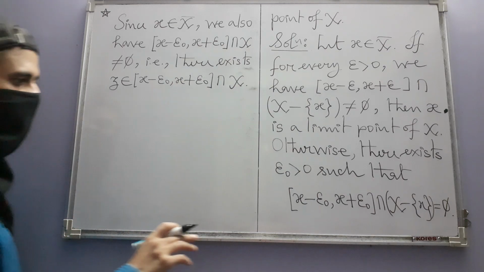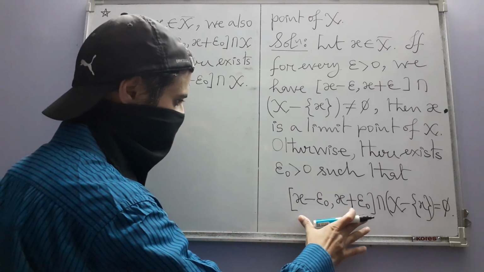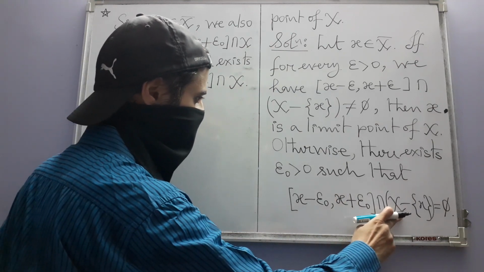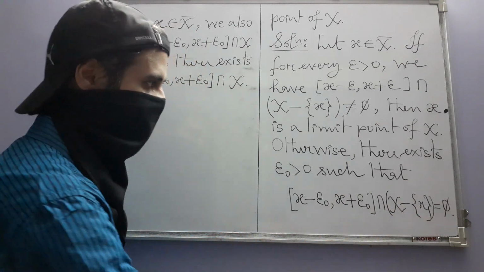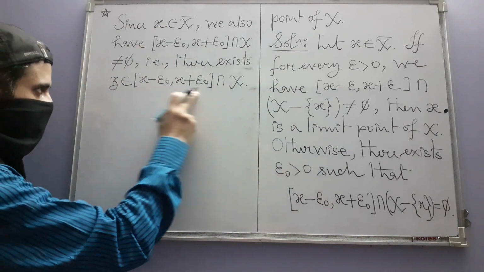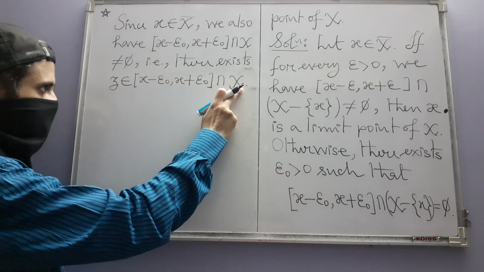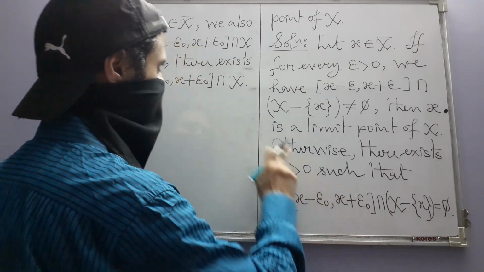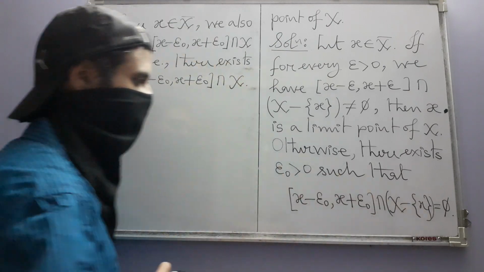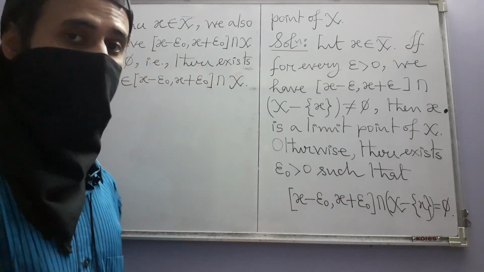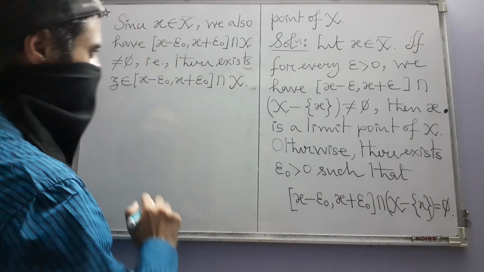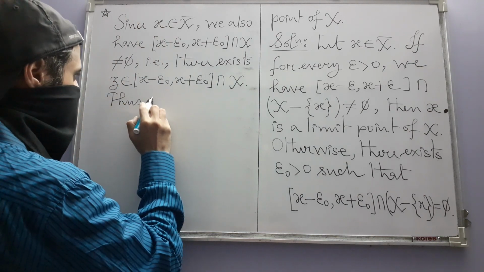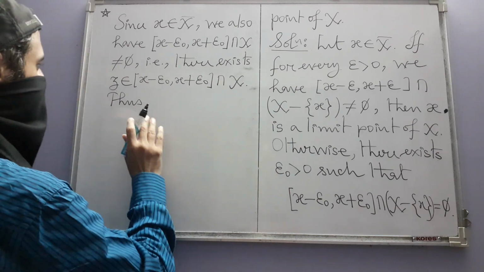Okay, now let us look at these two conditions. This interval does not intersect this set. However, at the same time, that same interval intersects X. So that means the intersection should happen exactly at this element small x, not anywhere else on the set X. Thus we have two things actually.